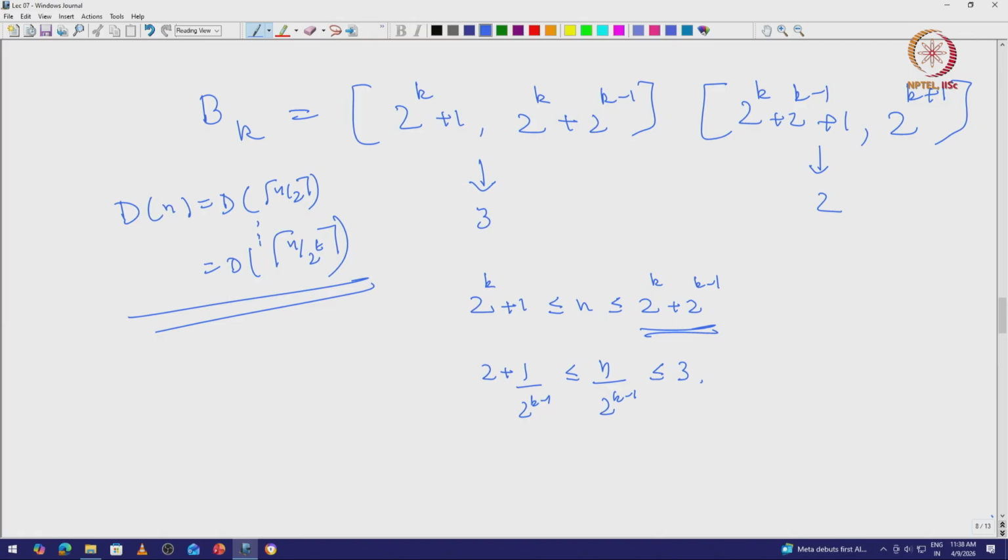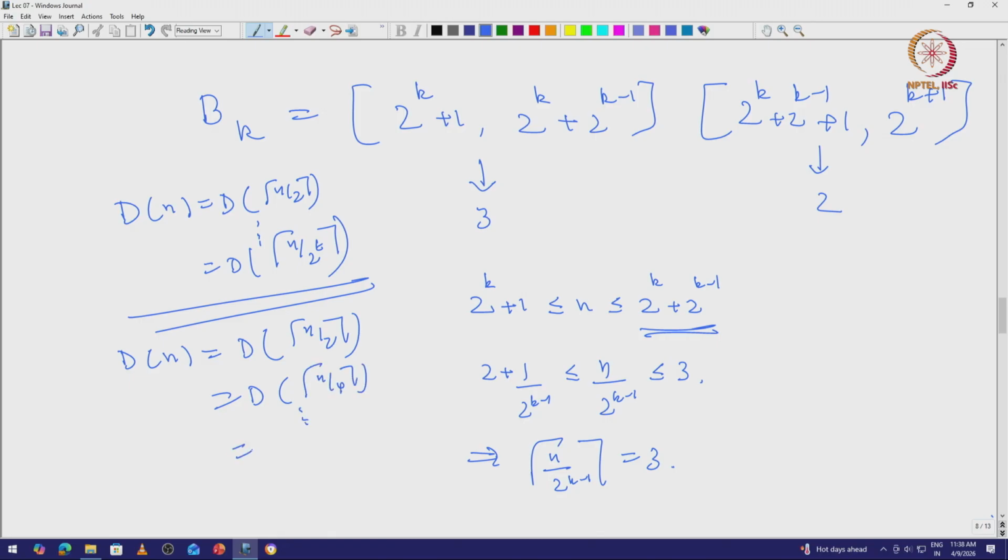Therefore, when you take ceil, this implies ceil n by 2 power k minus 1 equal to 3. That means this process after k minus 1 terms, D of n equal to D of ceil n by 2, which is equal to D of ceil n by 4. Finally, you are going to have D of 3, but I know D of 3 is 2. Therefore, all these guys will land in 3, therefore, the difference will be 2.